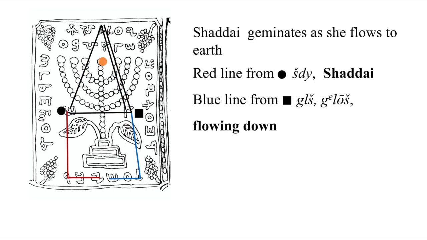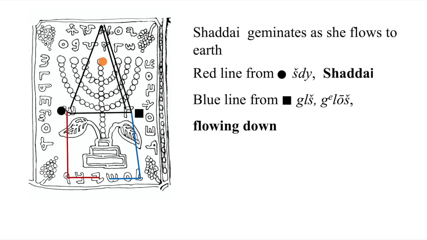Then here you have a previous pattern just in black, and Shaddai geminates as she flows down into the earth. So if you read the red line there, follow it down, that says Shaddai. If you read the blue line and follow it down, that says flowing down.